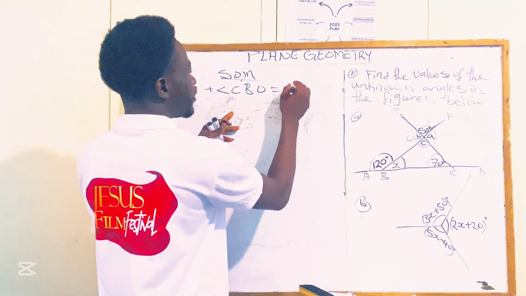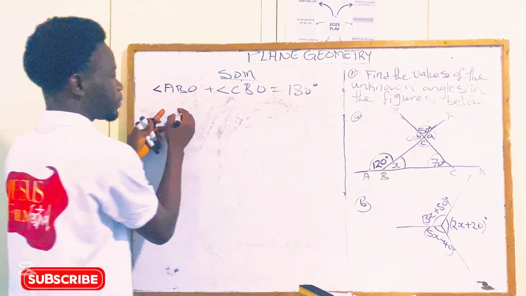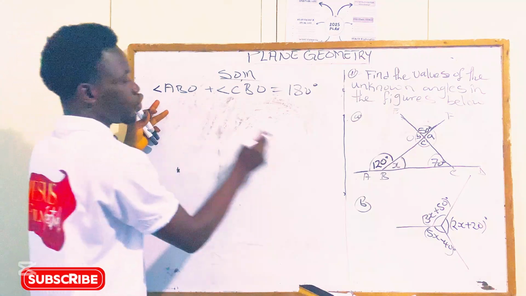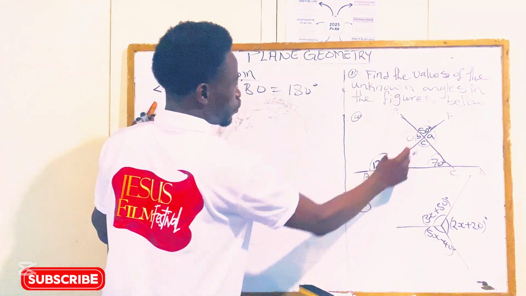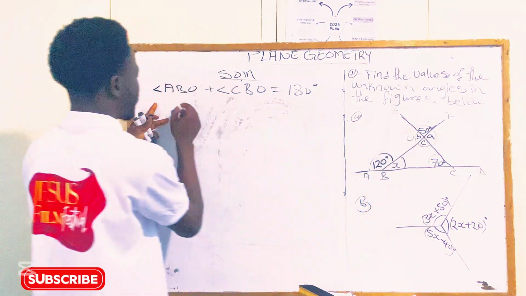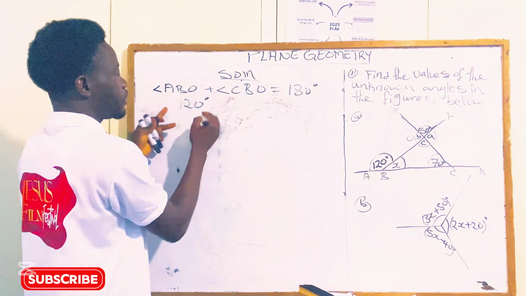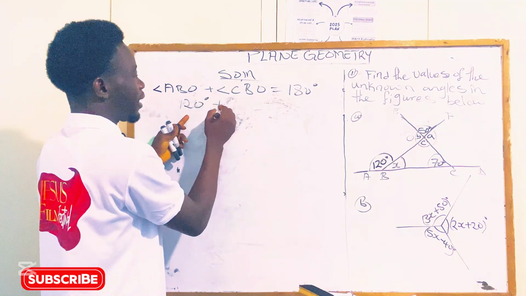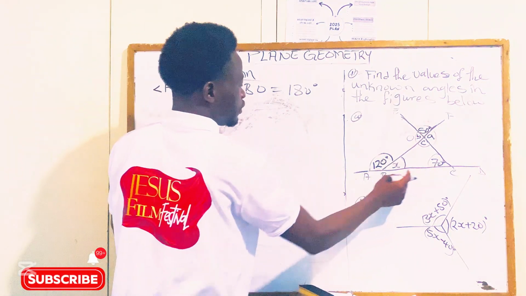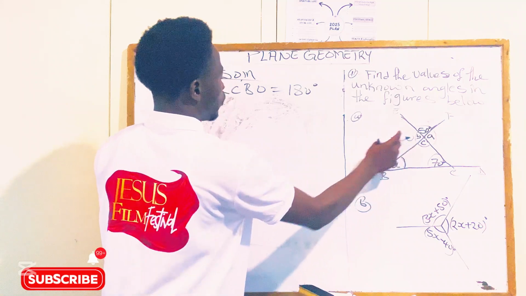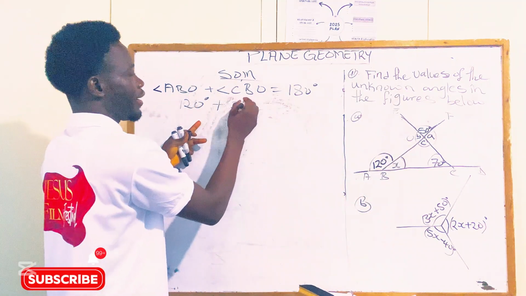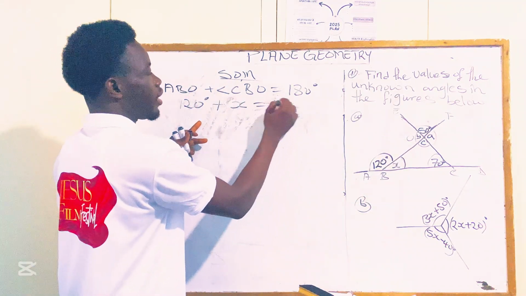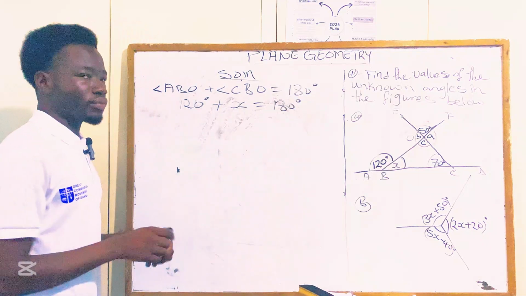That should give me 180 degrees. Angle ABO, where it is curving is where the angle is, is 120 degrees, plus angle CBO, which is X, and this is equal to 180 degrees.